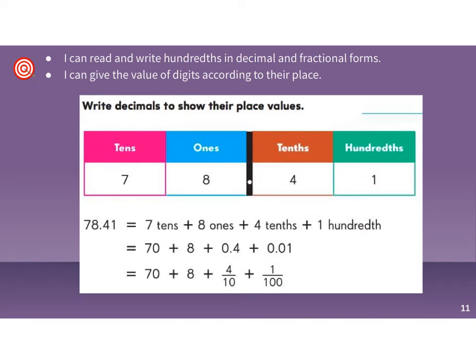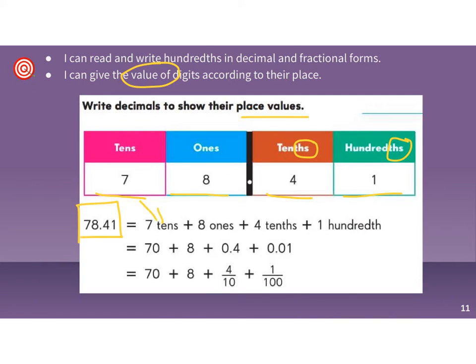So we learned this with tenths as well, and we're going to revisit with hundredths, looking at the value of digits according to their place. So if I've got this number 78 41 hundredths, we see a 7 in the tens place, an 8 in the ones place, a 4 in the tenths place, and a 1 in the hundredths place.